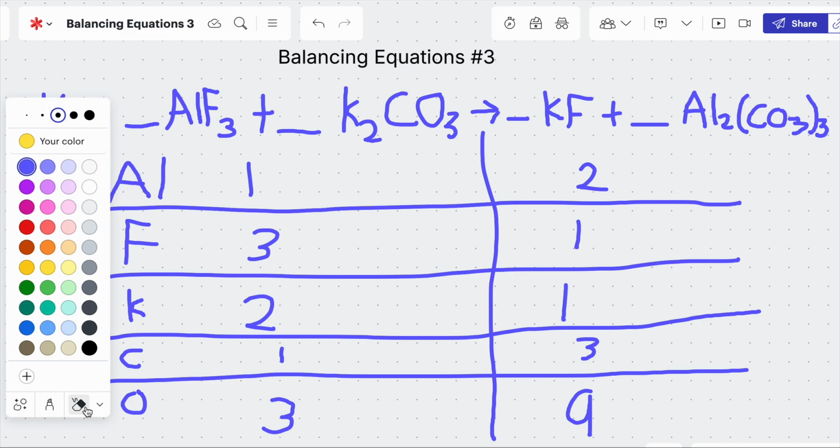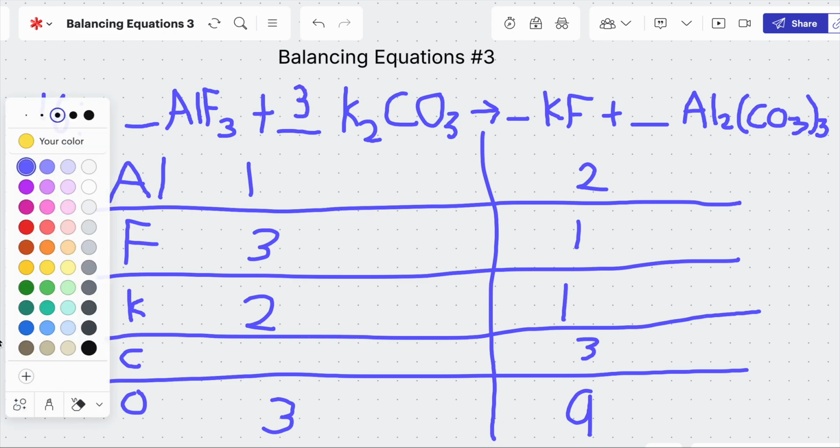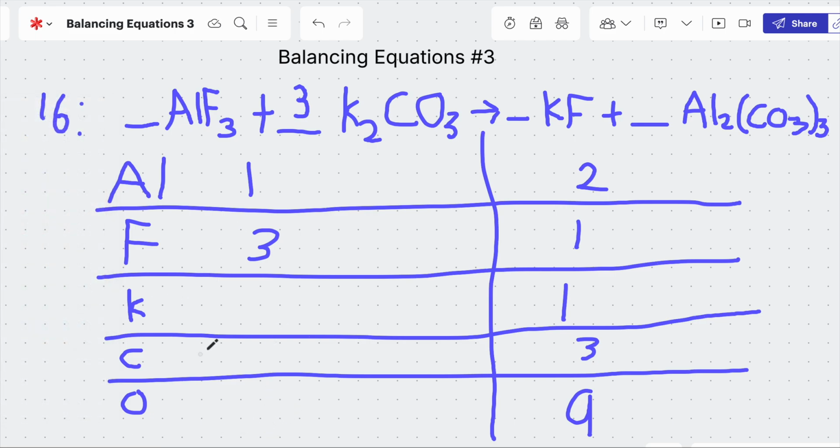So if we look at our C's, what times 1 is going to get us to that 3 that we want? So what times 1 is 3? In the end, that will be 3. So that's going to also change our K's and our O's.